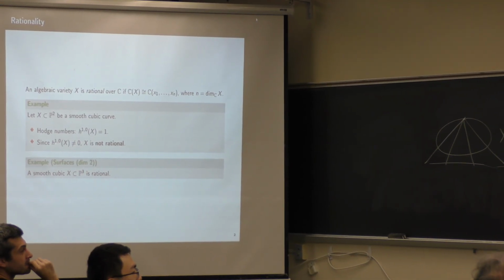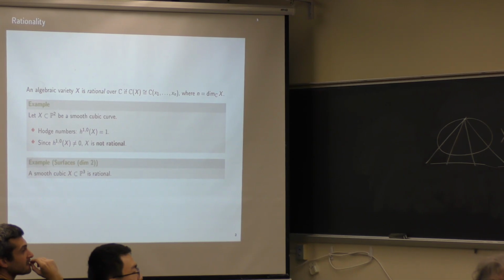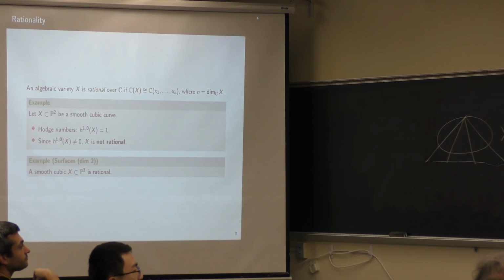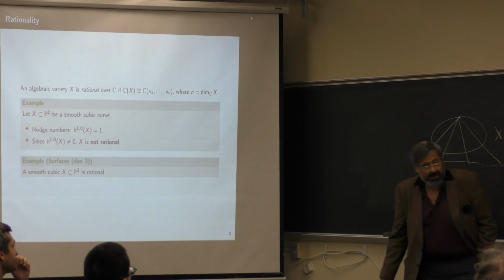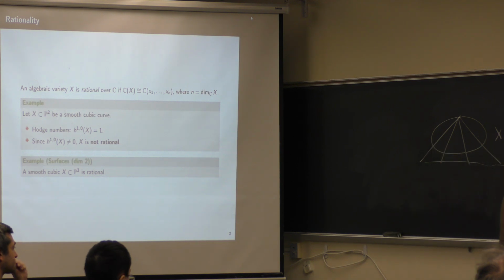All of the birational transformations can be obtained as a sequence of blowing up of points or subvarieties in higher dimensions and blow down. So that's the main way to think geometrically of what birational transformations are.